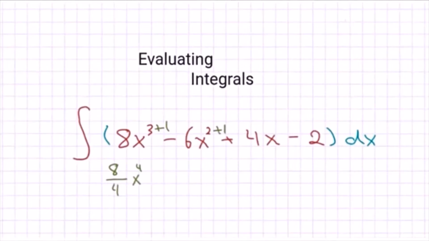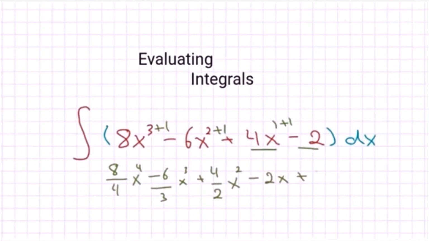And we're going to write down negative 6 over 3x to the power of 3. 1, and we're going to add 1, which will give us 2. So it's going to be 4 over 2x to the power of 2. And here negative 2 is constant, so it's going to be negative 2x plus c.